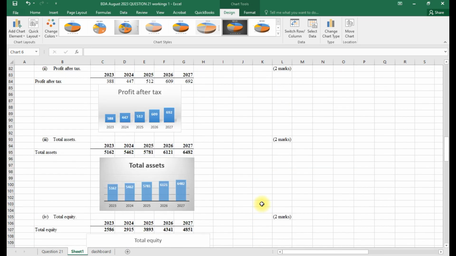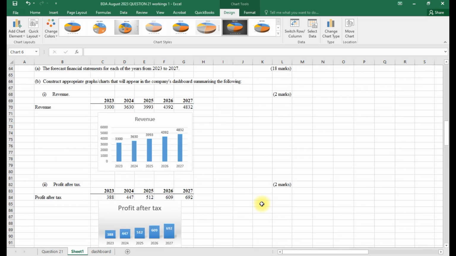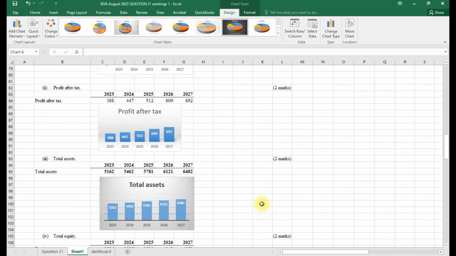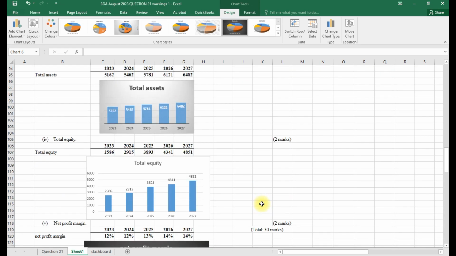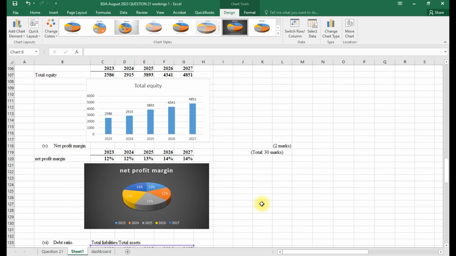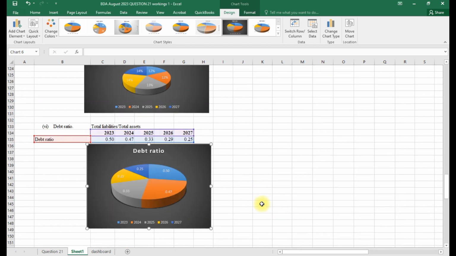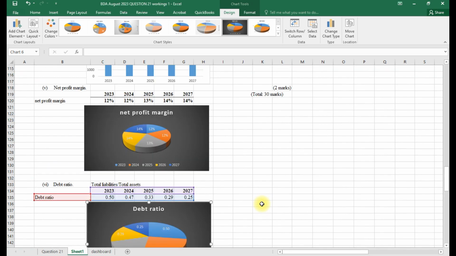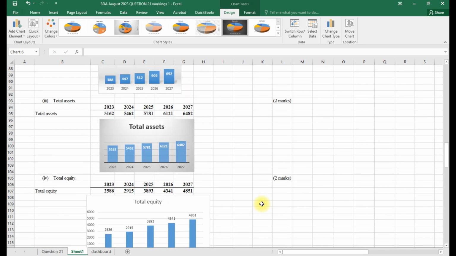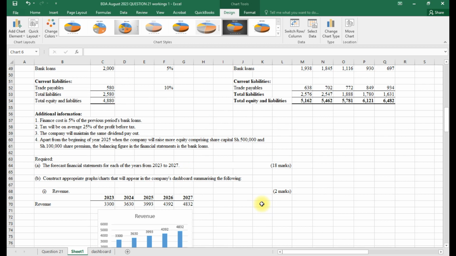So these graphs, if you were to compile them in the dashboard, they are the graphs that we should have taken to the dashboard. Graph for revenue, profit after tax, graph for total assets, graph for total equity, net profit margin. You have to find first the margin, and you have to find the debt ratio and represent it using a graph. And that's how the question was long, but it was a question that was doable. Remember, first part was forecasted financial statement.